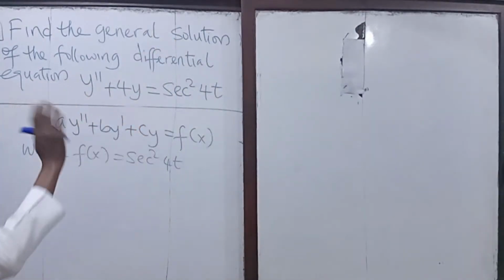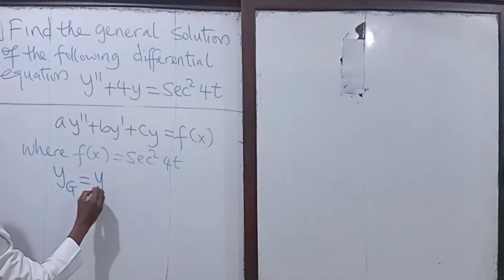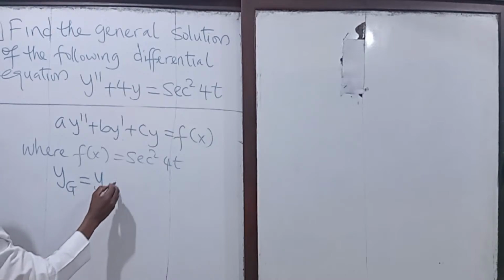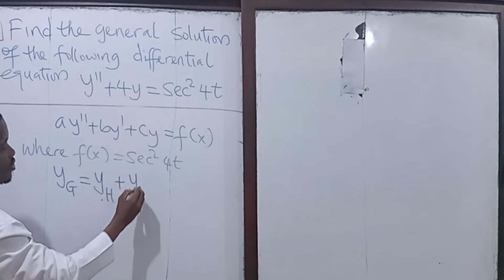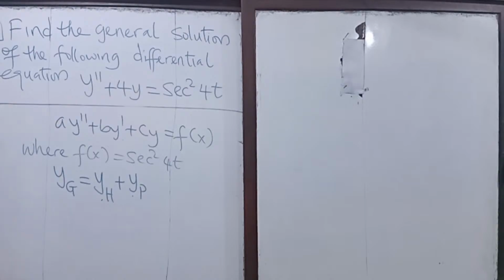We are told to find the general solution. And the general solution will be the combination of the solution of the homogeneous part plus the particular solution for the non-homogeneous part. And we are using variation of parameters.